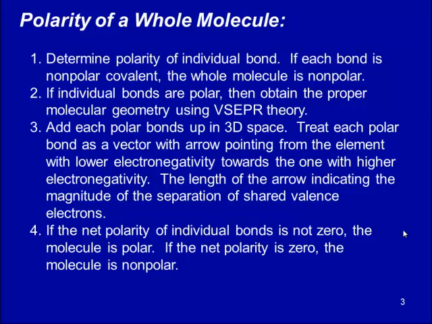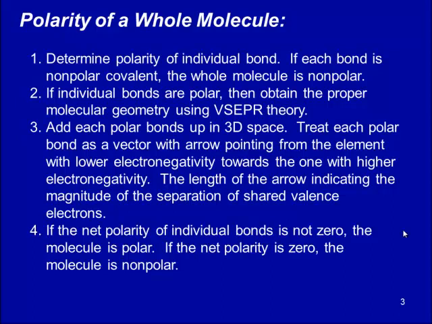On the other end, you will have fewer valence electrons, so it will be slightly positive, and you will have an arrow for the whole molecule pointing from one end to the other.